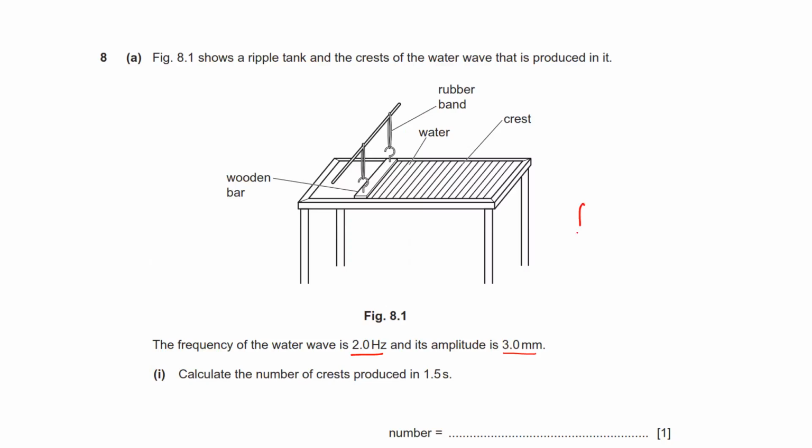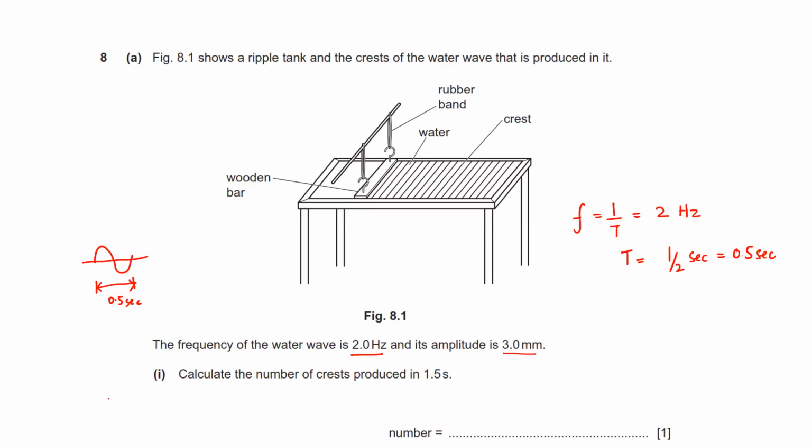So remember, frequency is equal to 1 by T, and this is equal to 2 hertz. So the time period for one wave is 1 by 2 seconds, or 0.5 seconds. It means in 0.5 seconds we have one crest.